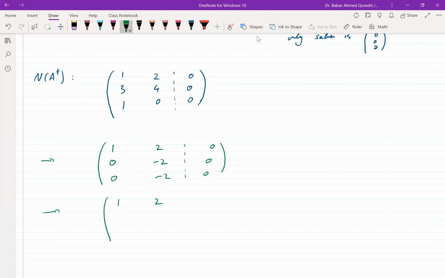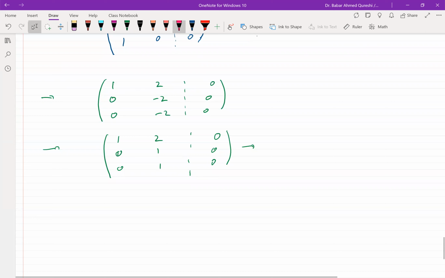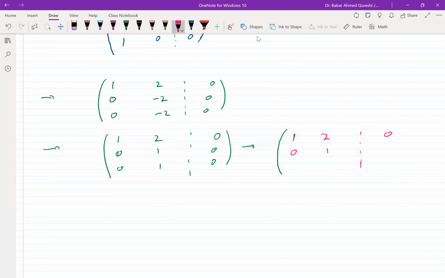Then I can change these rows to 1 by dividing by minus a half. And then I can just add this with a minus below.